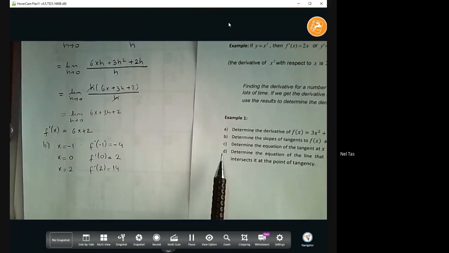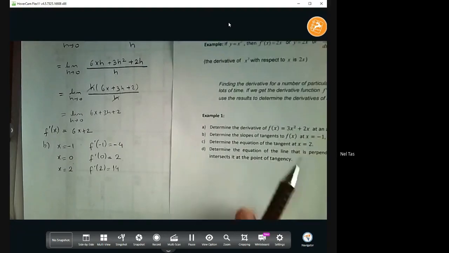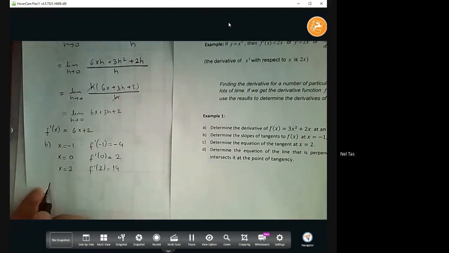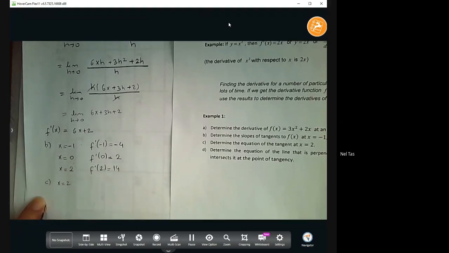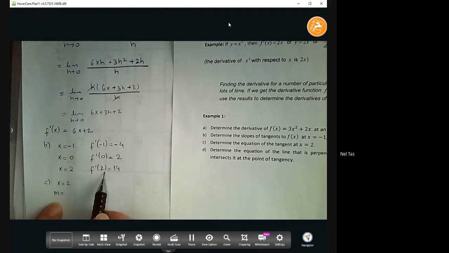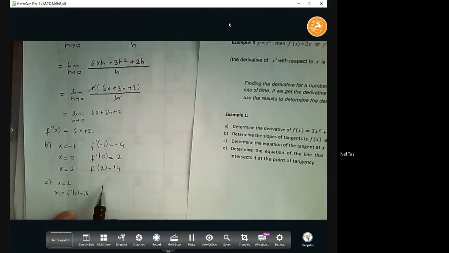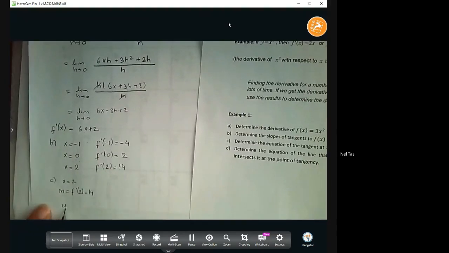Next question is asking, determine the equation of the tangent at x equals 2. So we already found the slope at x equals 2. That is f prime of 2, which is 14. So we're going to write the equation of the tangent: y equals 14x plus b.